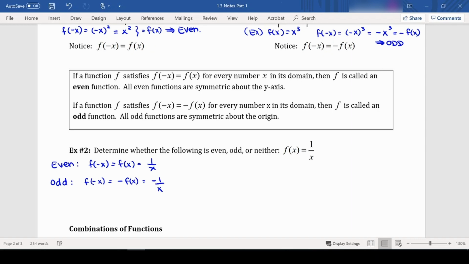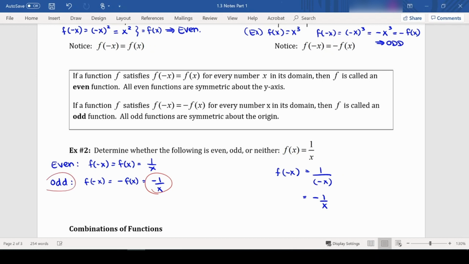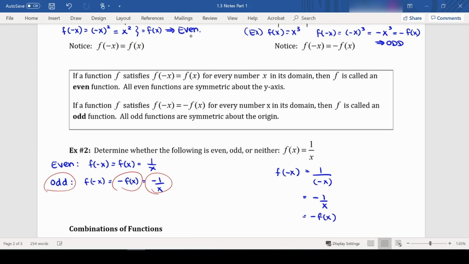And if it's neither, it will equal neither. So this is what we're trying to determine. Let's try plugging in f of negative x. This gives me 1 over negative x, which is the same as negative 1 over x, which is the same as what I had here. And therefore this would be odd.